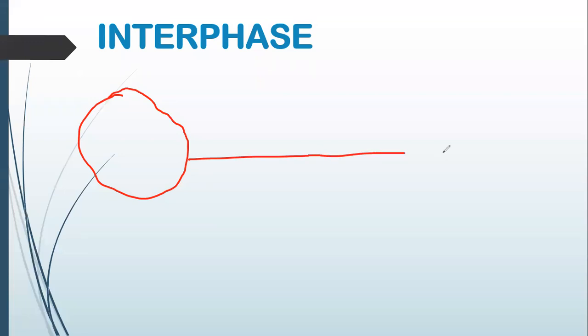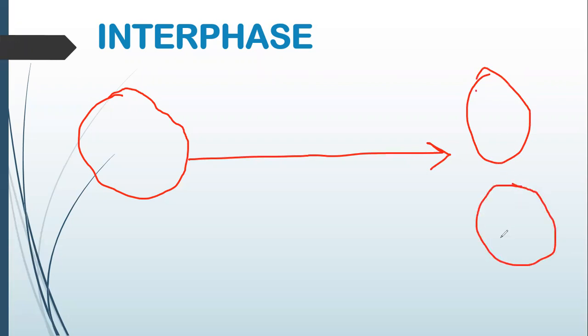Let me repeat that. If you have your cell, for this cell to divide and produce 2 exact copies or 4 exact copies and so on, this cell undergoes different phases, from that, from that, and finally you divide.